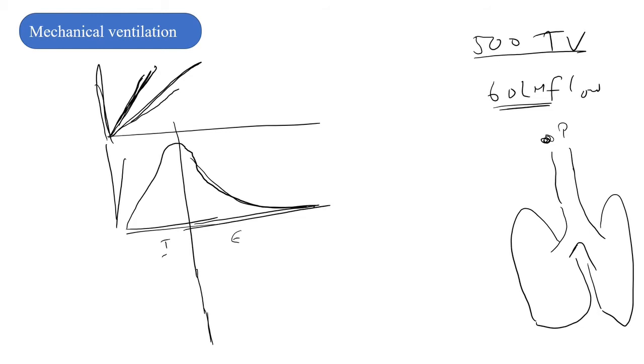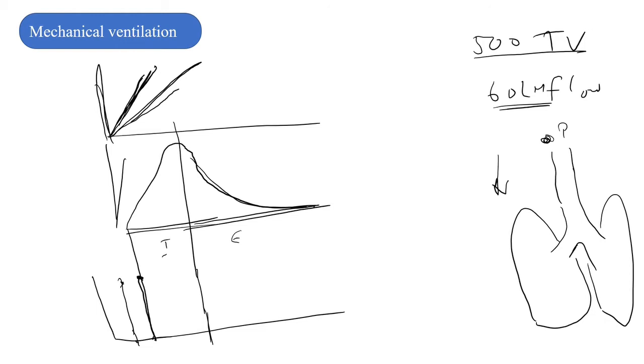The equivalent flow curve will include, during the administration, a flow from outside in, and the flow rate will depend upon the preset values. You will start with a maximum flow of 60. So at the start of inspiration, the flow will increase to 60.